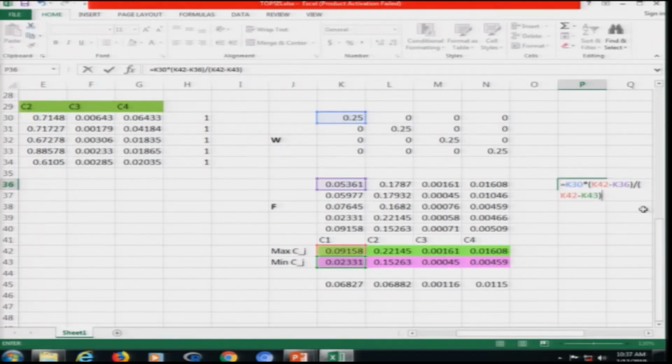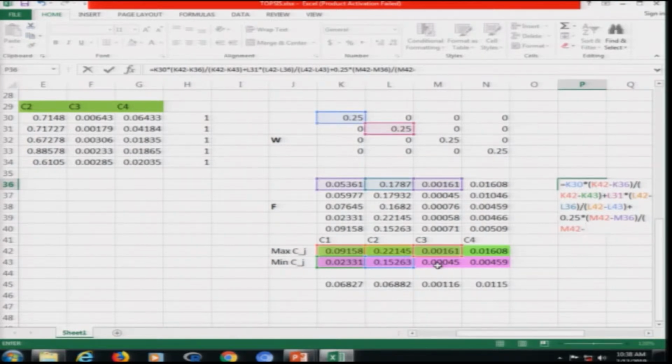So, I will basically find out, then I go to the second value, which is this multiplied by max minus F12 divided by max, I am taking for now for the second j is equal to 2, minus min of j2, plus 0.25 into maximum for the C31 minus F13 divided by maximum for the third criteria minus the minimum of third criteria.